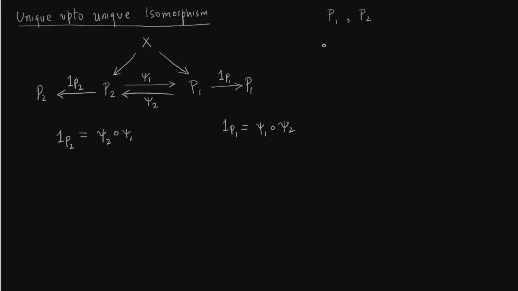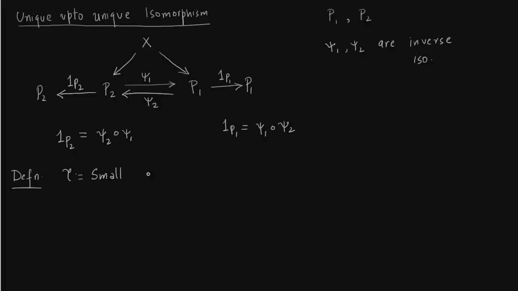And 1_P1 also takes P1 to P1, but since P1 is a terminal object, we should have a single arrow, and that's why the equality comes in. So as a result, phi1 and phi2 are inverse isomorphisms, and that shows that terminal objects are unique up to unique isomorphism, because from P1 to P2 we have been able to construct two maps which are inverse isomorphisms.